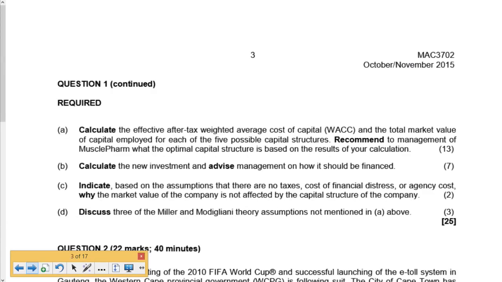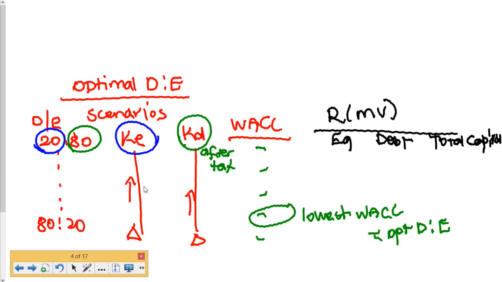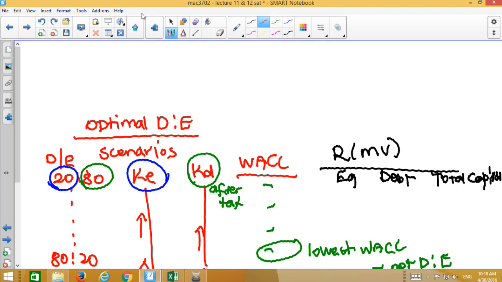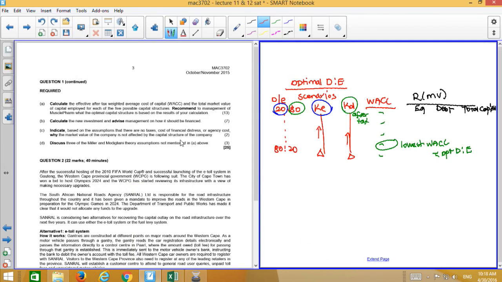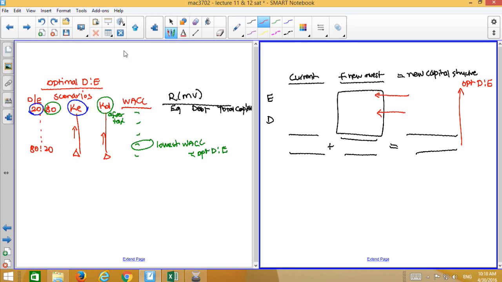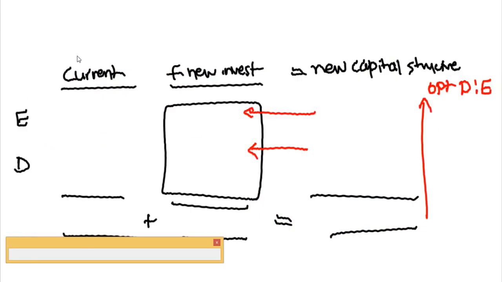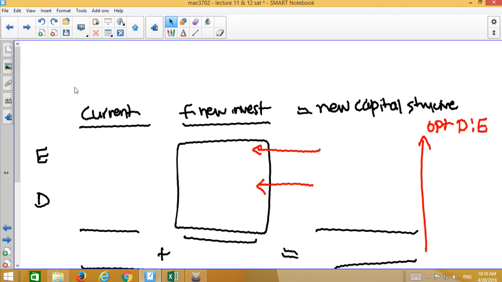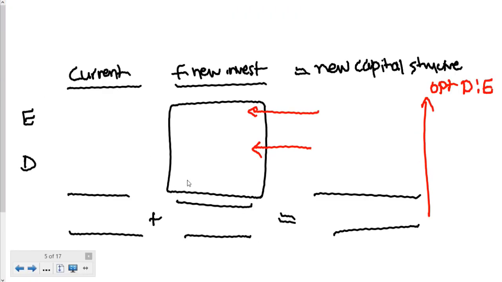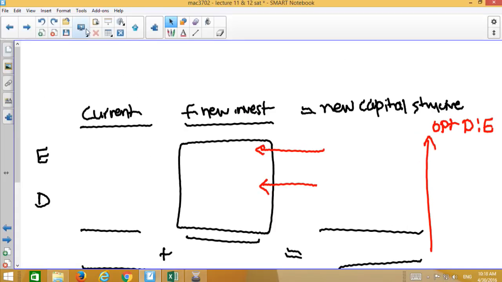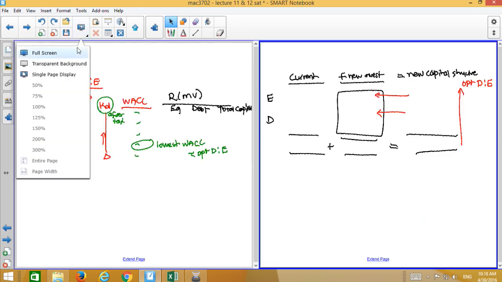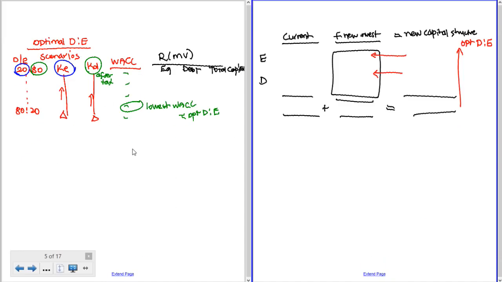Okay, so these are the 2 formats that you're looking at for the first 2 parts of the question, which is 20 marks. Let me dual page it. Okay, they don't look great, but there they are.